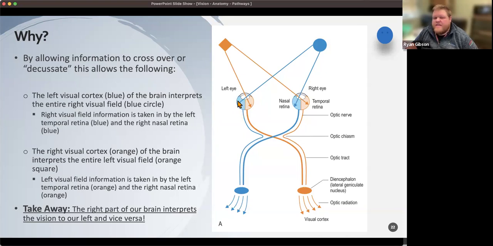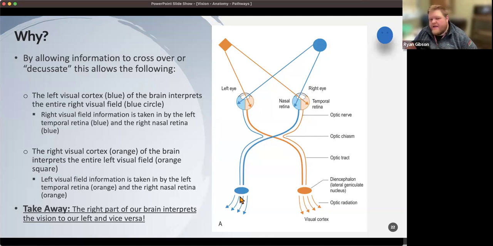And so this left eye, the temporal retina of the left eye, about 25% of that retina is going to be focused on the right visual field, where my circle is, and the blue light coming from that circle. So as it comes in, 25% of the fibers from this retina are going to come down and not decussate. They're going to stay ipsilateral, stay on the same side.